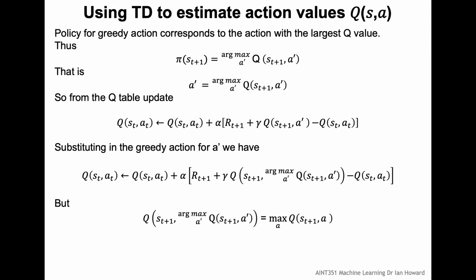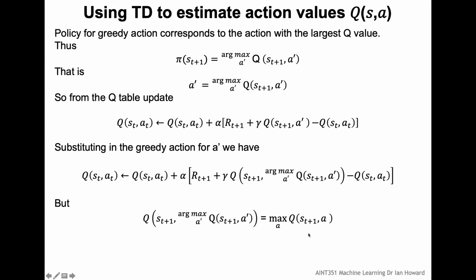But of course, because we're doing it in a rather roundabout way here, we could also say, well, actually, what we care about now is the Q value here. This update doesn't actually use the action as such. It's actually using the best value.